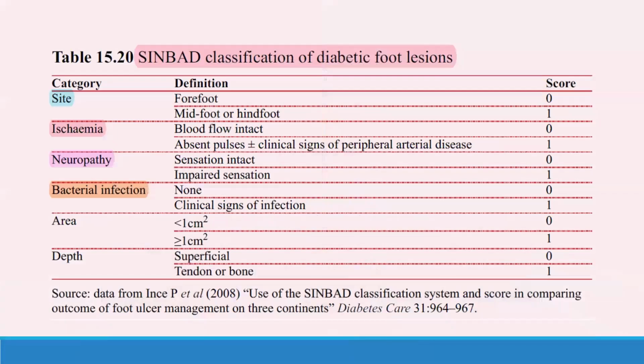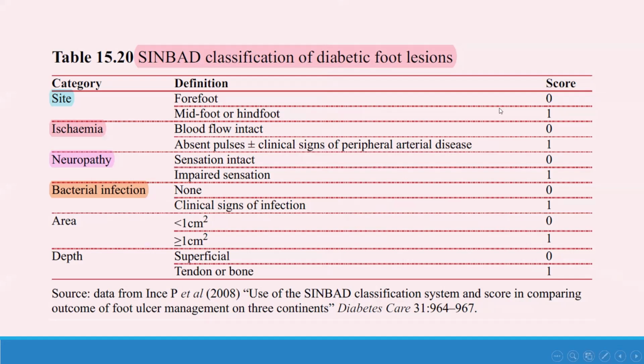And another classification, which is the one recommended by NICE, is the SINBAD classification of diabetic foot. SINBAD: S for site, I for ischemia, N for neuropathy, B for bacterial infection, A for area, D for depth.